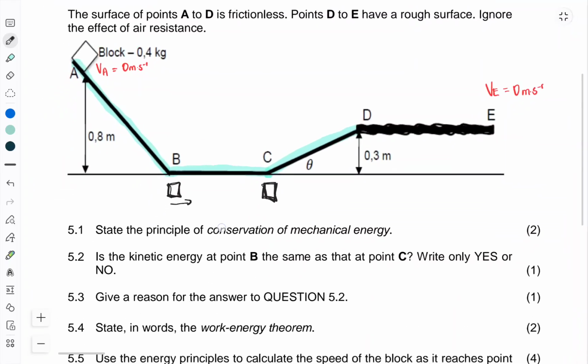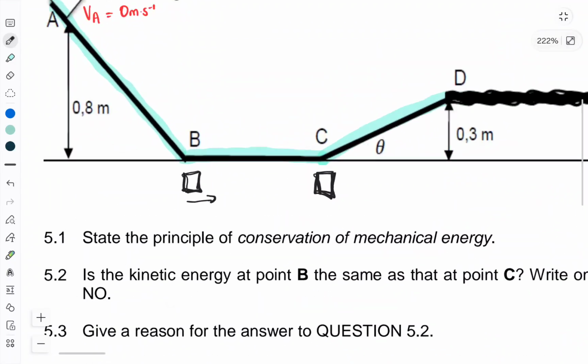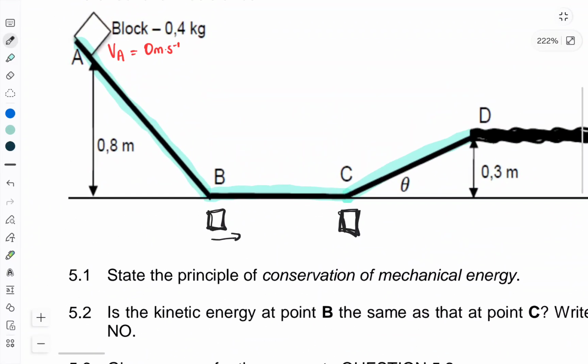The surface is frictionless, right? So it means it's an isolated system, which we've already established. So if I move from A to B, my mechanical energy should be the same between these two points. If I take the mechanical energy at A and at B, I should get the same value. At A, velocity is 0, right?